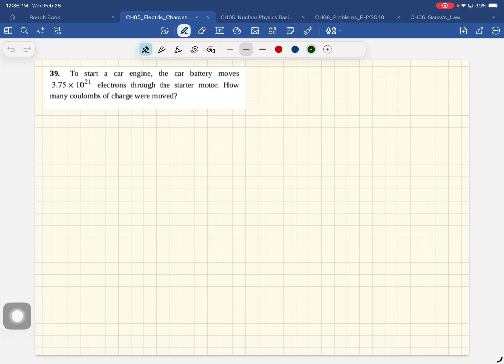So the charge of an electron is 1.6 times 10 to the minus 19 coulombs. This is something you can look up on the web, but it's also in your notes. So the total charge is the number of electrons moved times the charge of each electron.